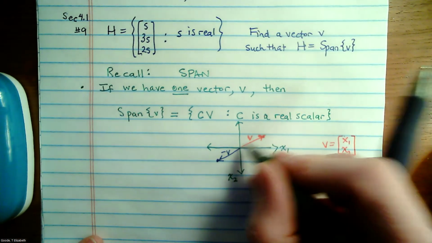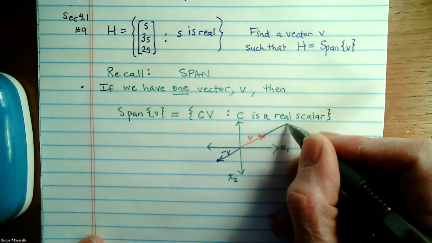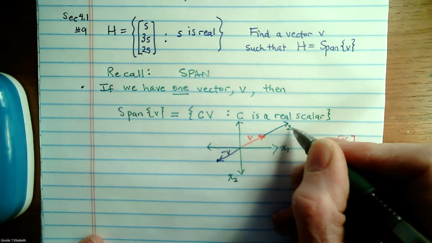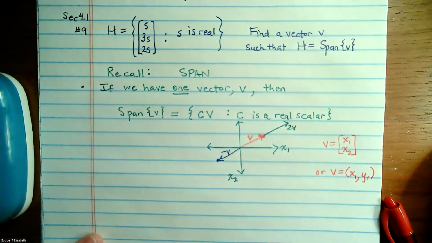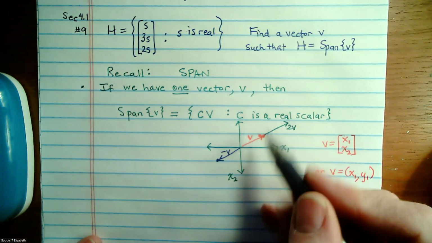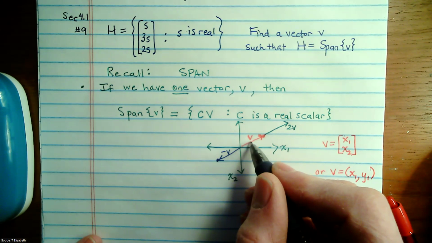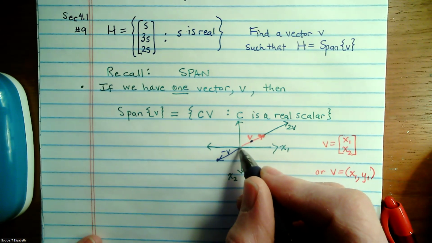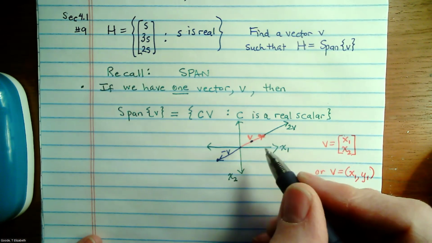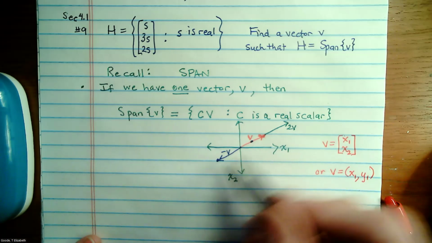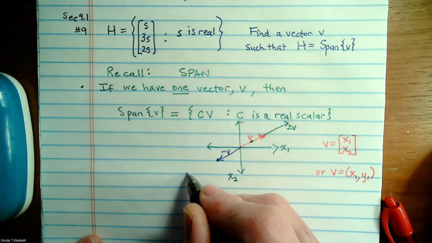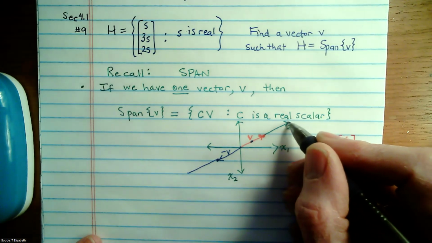Well, 2V would be the same direction as V, but twice as long. And in fact, 1/2 V would be the vector that goes from 0 to 1/2 of the distance. So the span of V is this entire line.